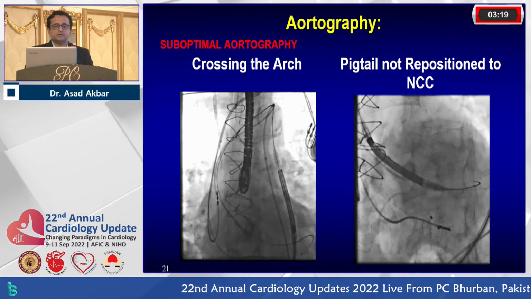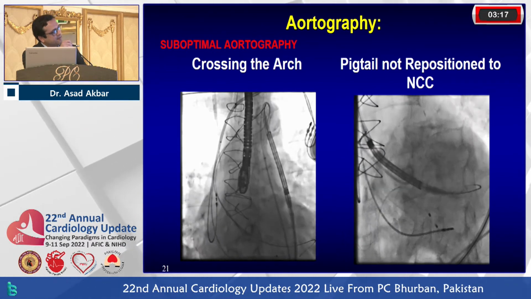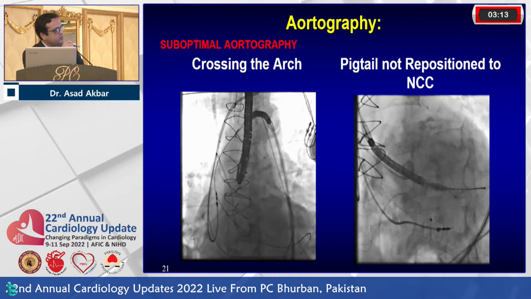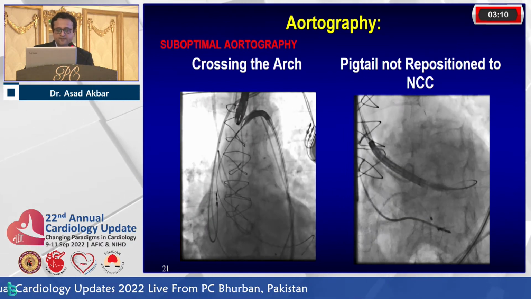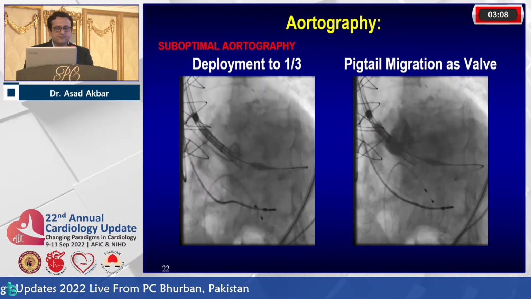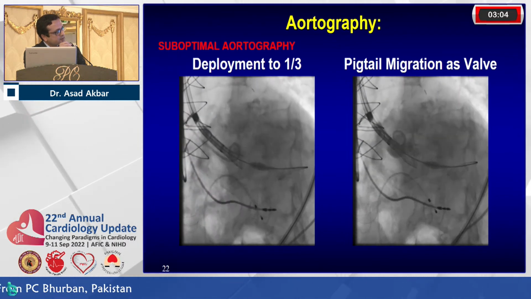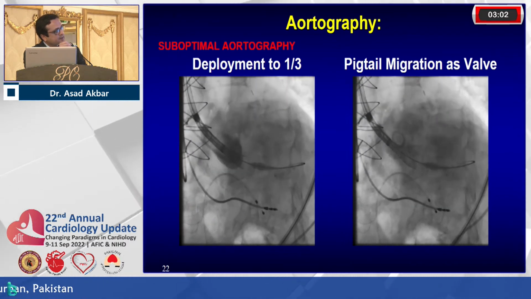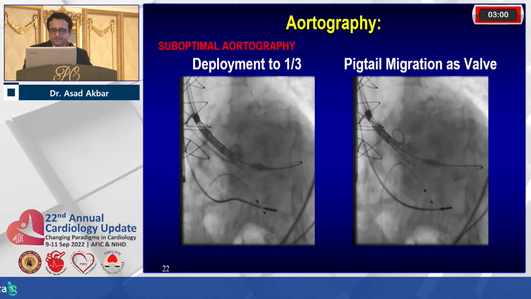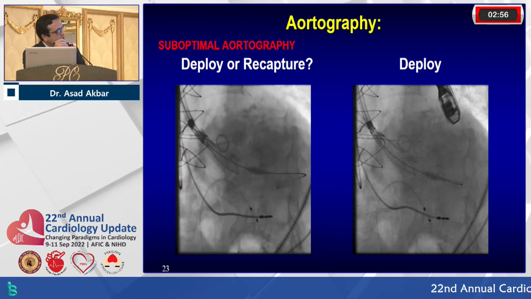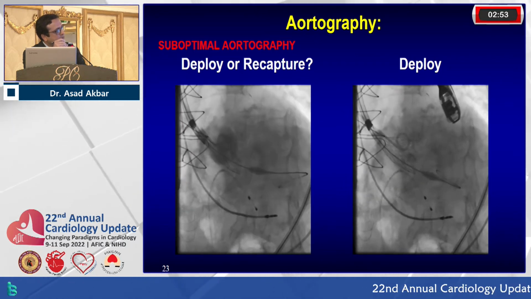So here's this patient where they have got the valve up. The pigtail is still in the right coronary cusp. They forgot to put it in the non-coronary cusp, which should be here. So they've started doing the valve. Halfway during the valve deployment, once the valve has deployed a good bit, the pigtail has even moved higher. This is the point when they're trying to make a final judgment call of whether they're going to deploy it or recapture it.